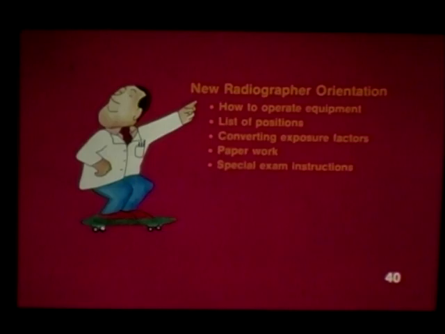Number 40. A key element in expanding the quality assurance program is expanding the skills of staff radiographers. New radiographers in particular will need training and orientation when they join the department.